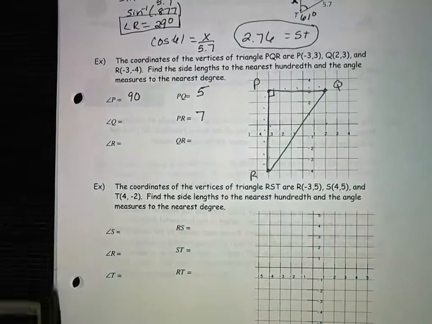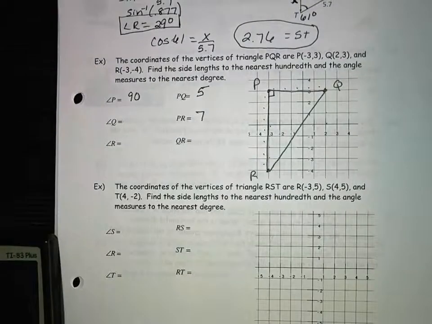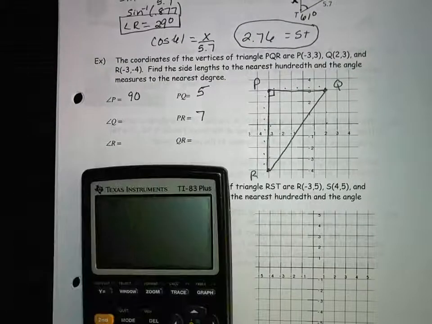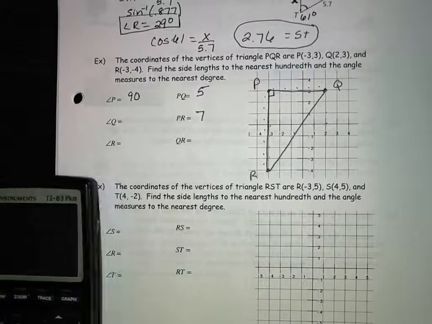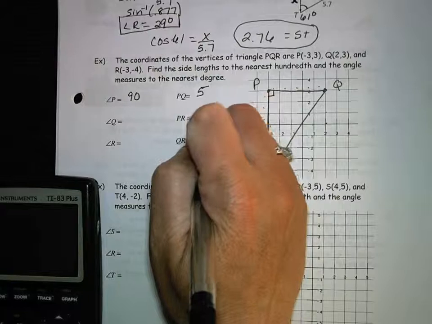To figure out QR, we can do the Pythagorean theorem. 5 squared plus 7 squared. And then I'm going to square root that. And QR ends up being 8.6.